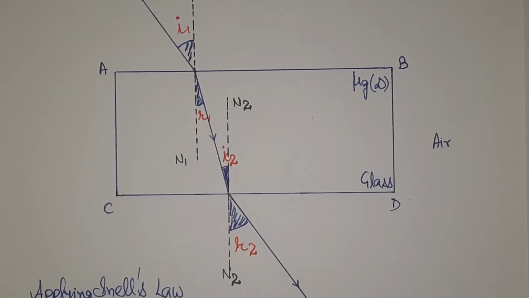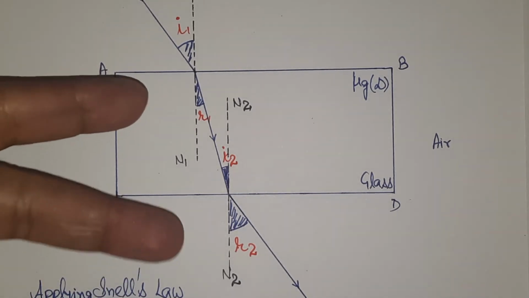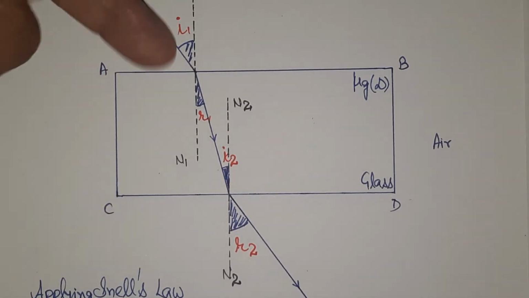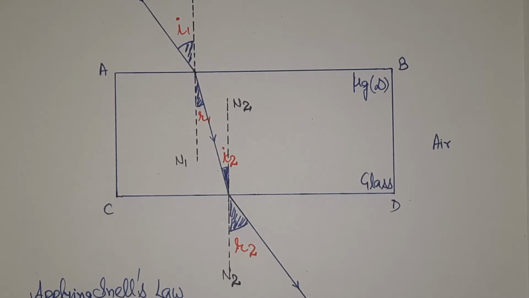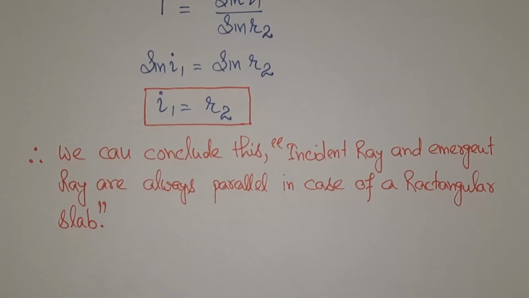What does it mean? In case of a rectangular slab, the incident ray and emergent ray are always parallel.